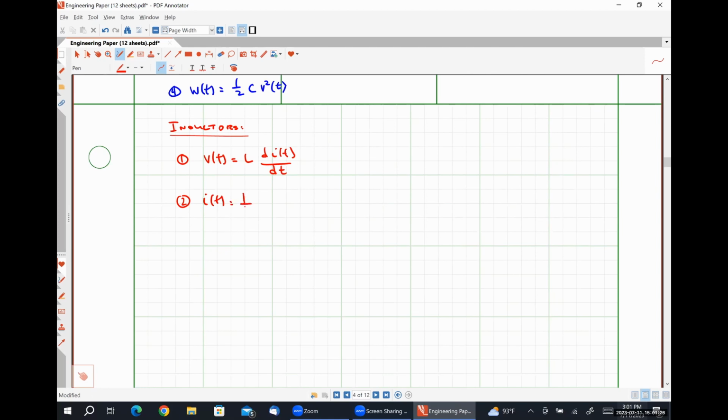I is equal to 1 over L times the integral from T naught to T of V T prime dt prime plus I of T naught. Then I have my power relationship.